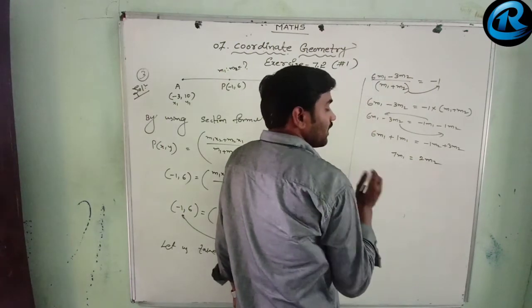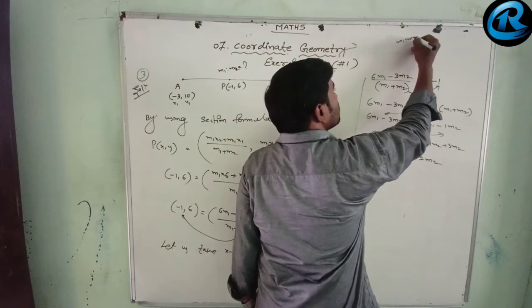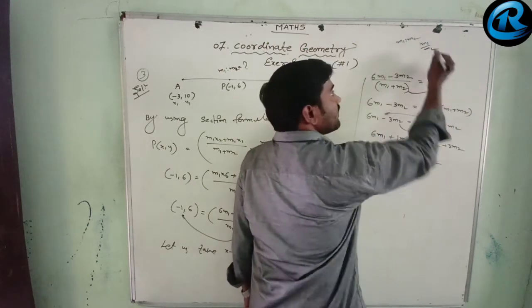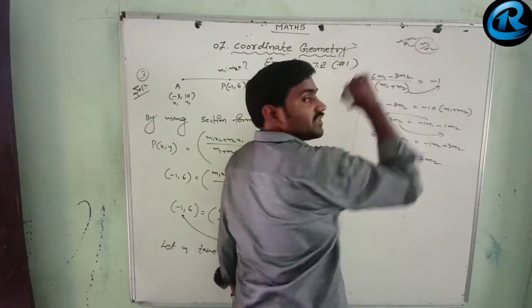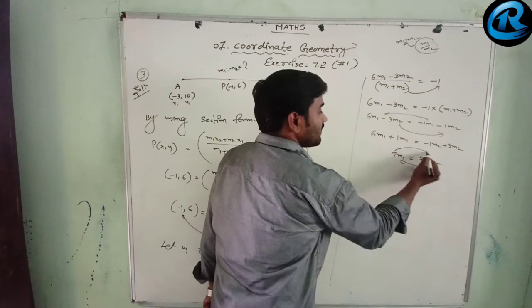Simple. Now we need m1 is to m2. m1 is to m2 అంటే ఏంటి, m1 by m2 అనే కదా. m1 by m2 we can write as m1 is to m2. So this m2 will transfer this side, this 7 will transfer this side.